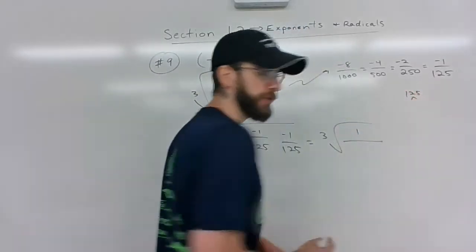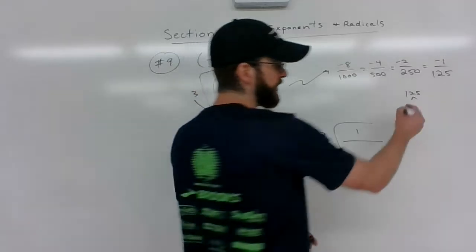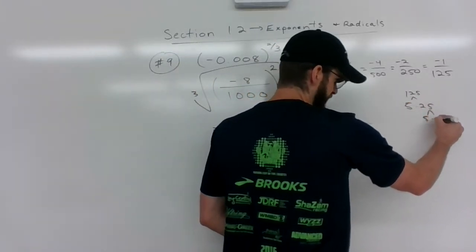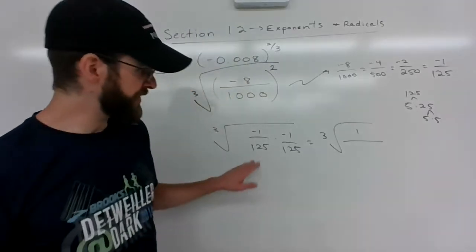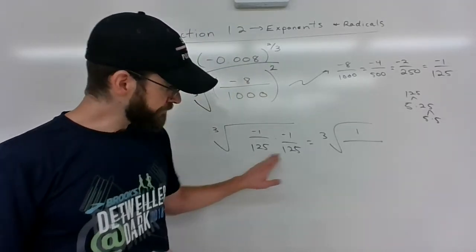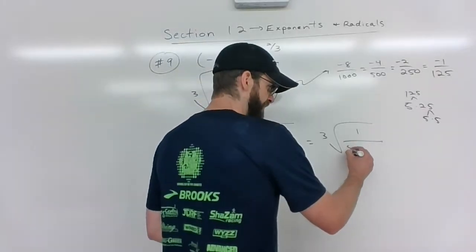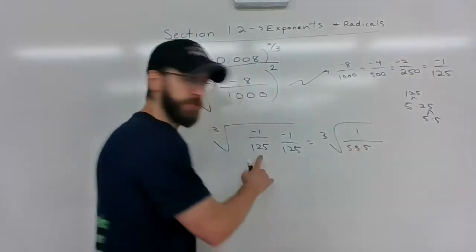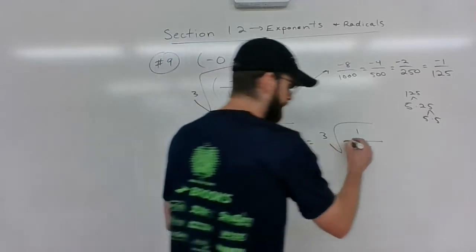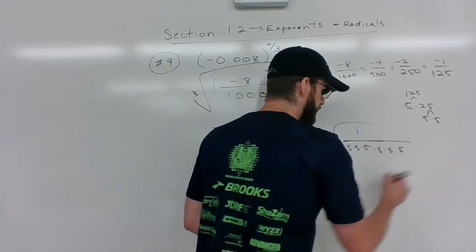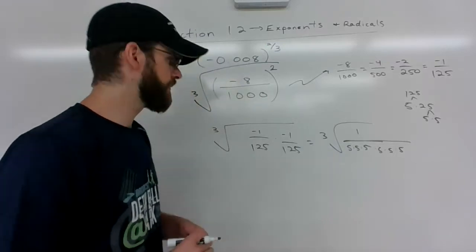You could go over here and use your factor tree and say, 125 divides 5. And 25 divides 5 times 5. There is a triplet of 5s here and a triplet of 5s here. So this is like 5 times 5 times 5 for the first 125, and 5 times 5 times 5 for the second 125.